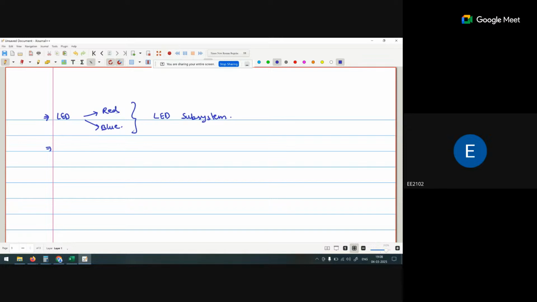Now after that, the next subsystem is the communications subsystem. That subsystem is responsible for all communications.